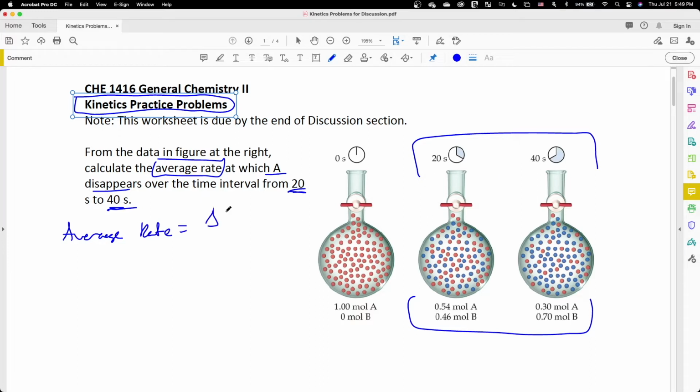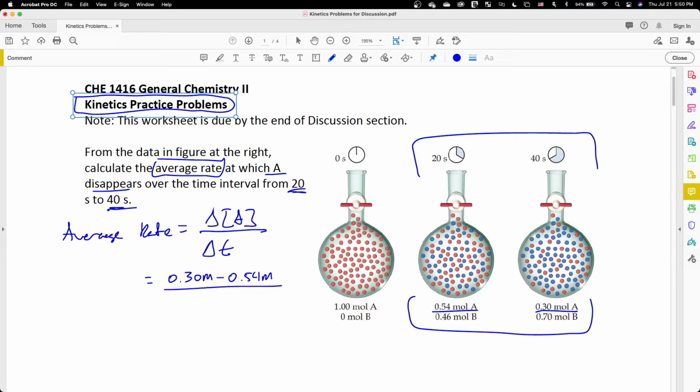equals the change in the concentration of A over the change in time. So simply, all you have to do, and we always do final minus initial here, right? At the very top of the fraction, we use the concentration of A at the 40 second time interval, which is 0.30 molar, minus the concentration of A at the beginning of the time interval of 20 seconds, which is 0.54, right, moles.